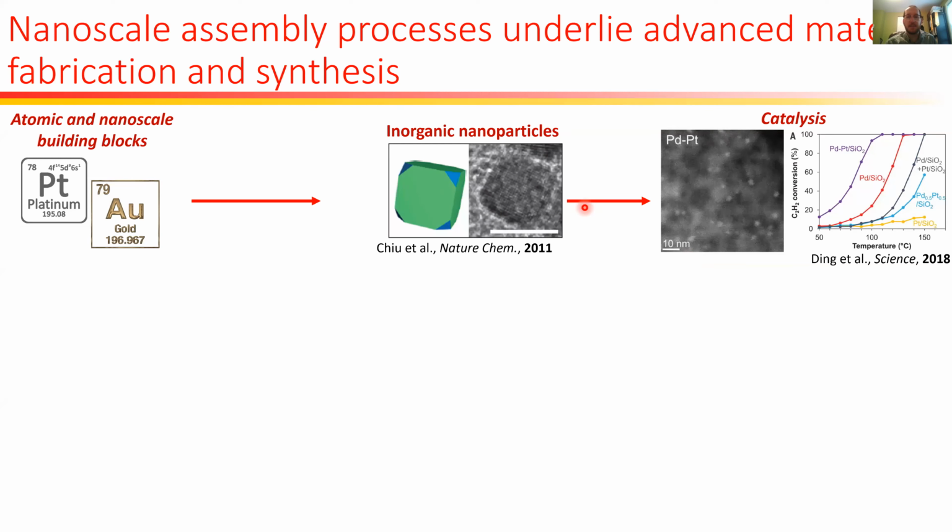One type of system we work on are inorganic nanoparticles, mostly metal nanoparticles right now. And we study the processes involved in the bottom-up synthesis of these nanocrystals from, say, soluble metal atoms or metal complexes to form these nanoparticles. So we're on this side of things, not so much on the applications.